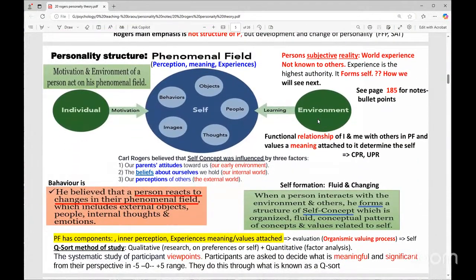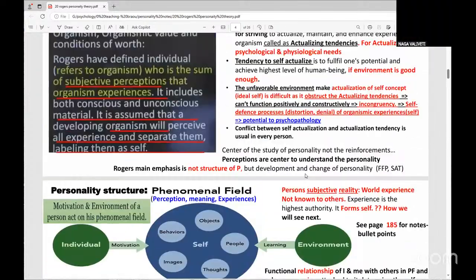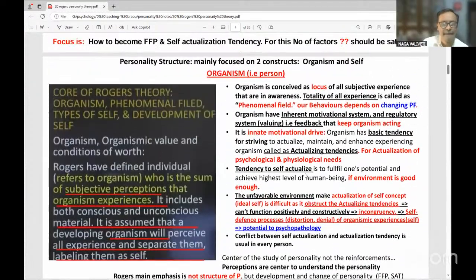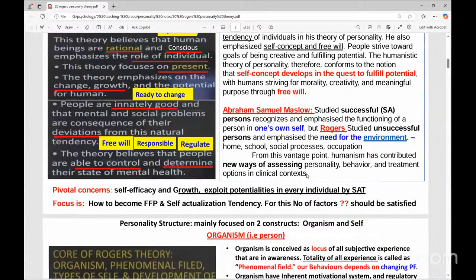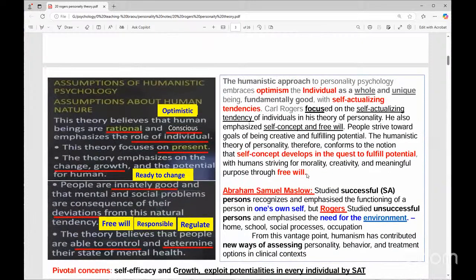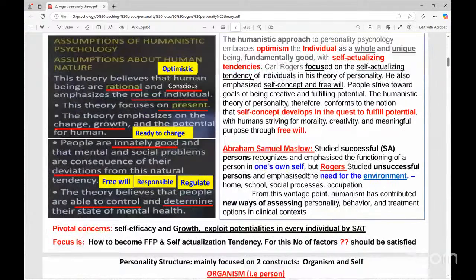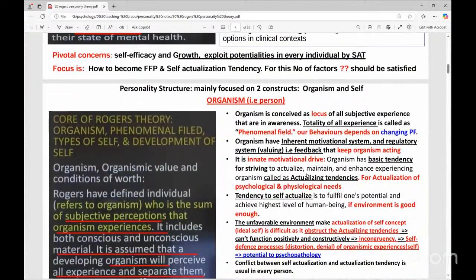Sir, one question, sorry to interrupt. Please, ma'am. Can you scroll up a little, sir? Here we have a personality structure mainly focused on two constructs, organism and self.